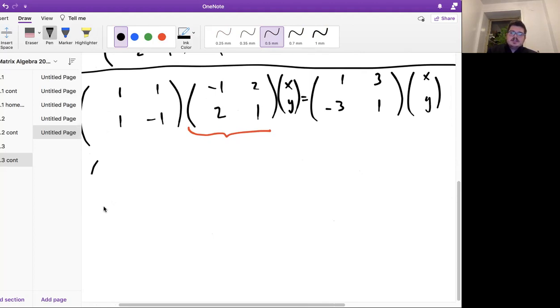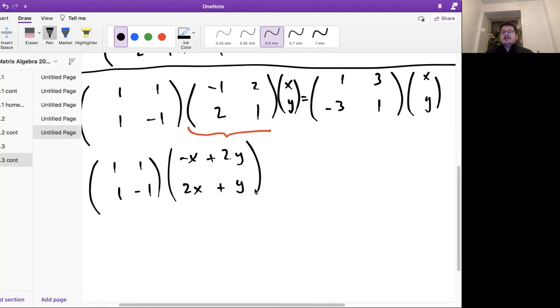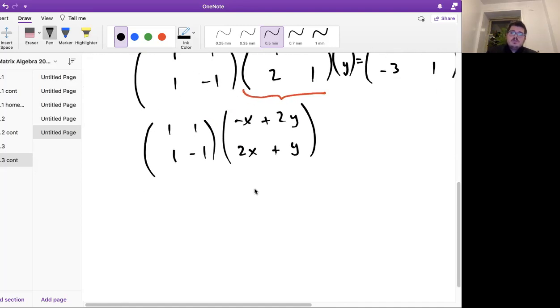The result of this is negative x plus 2y and 2x plus y, right? That was our definition, right? So now what we want to think about is what would this output be?